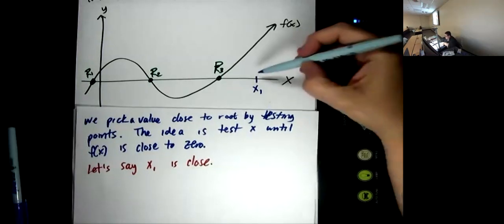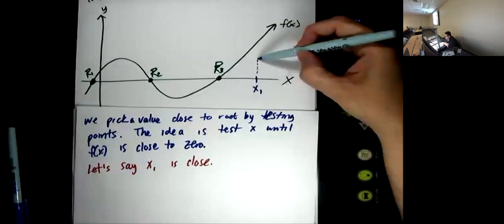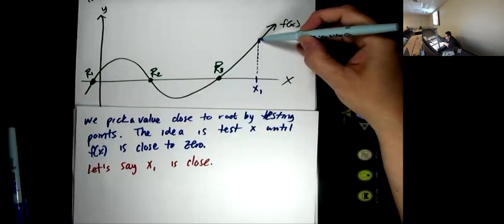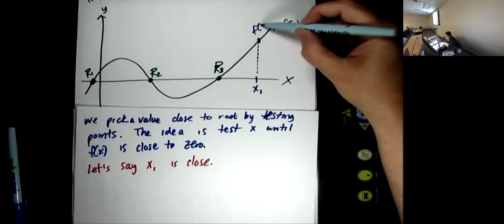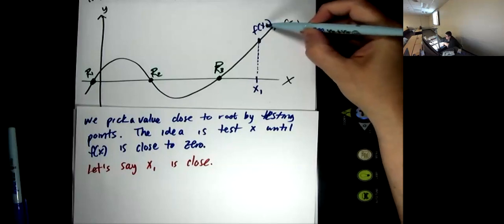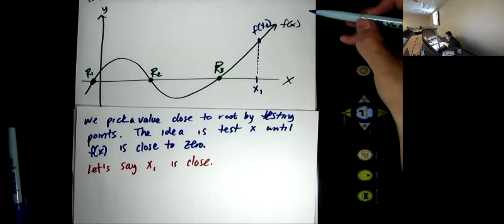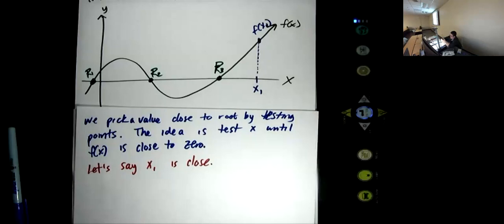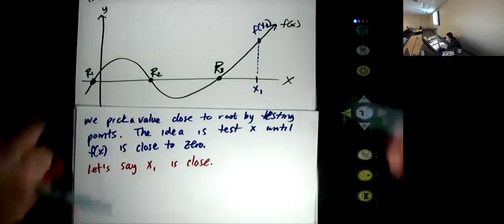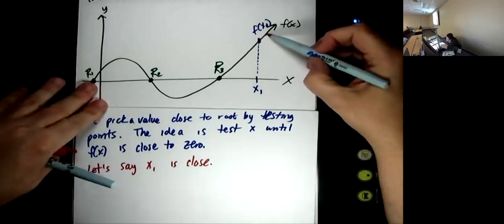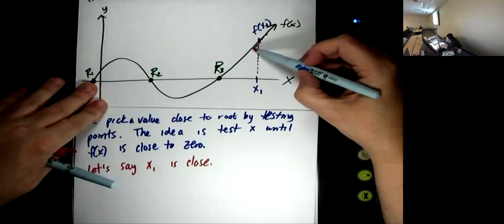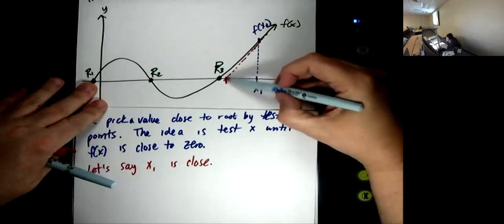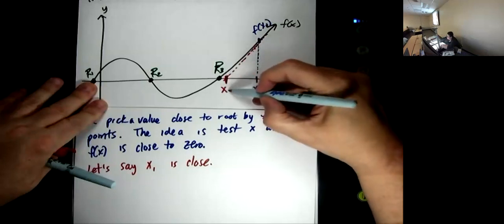So what you do is you come up and see what you've already calculated, f of x1. And you follow the tangent line back until it hits and makes an x2.